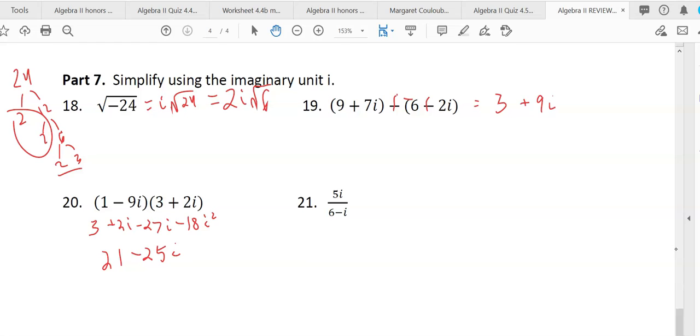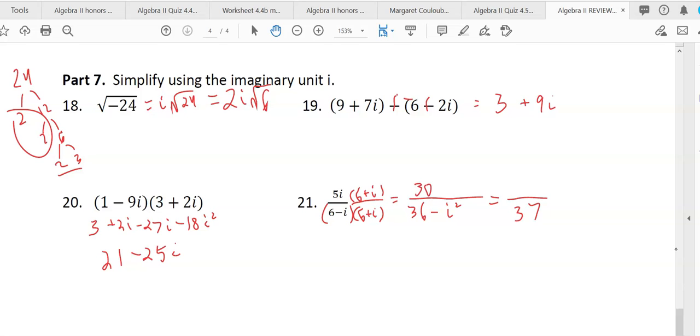Here you're going to have to multiply by the conjugate. Conjugate of 6 minus i is 6 plus i. Denominator should simplify. 36 minus i squared, which is like boom, boom, plus 1, because that's a minus a negative 1. So that's 37. And that's not going to cancel, so you could go ahead and multiply it.